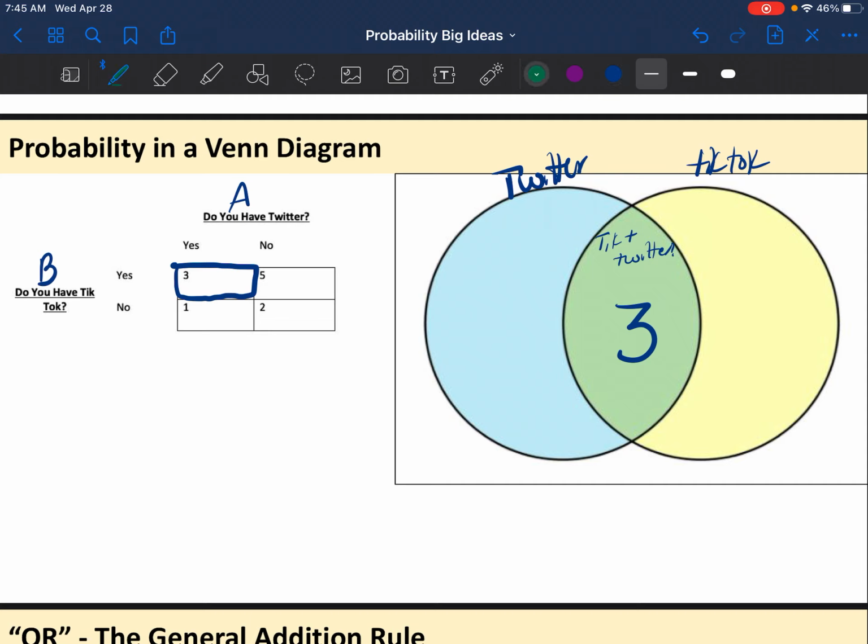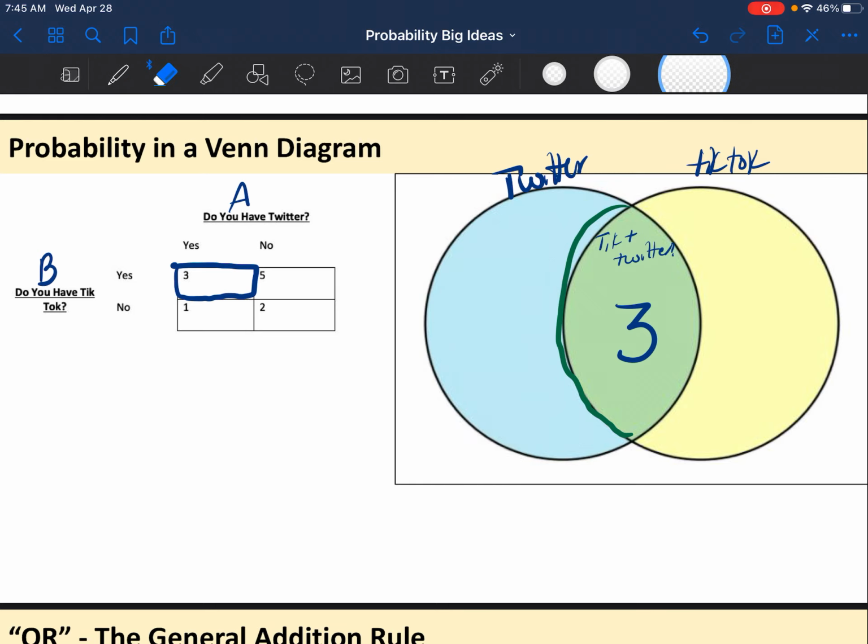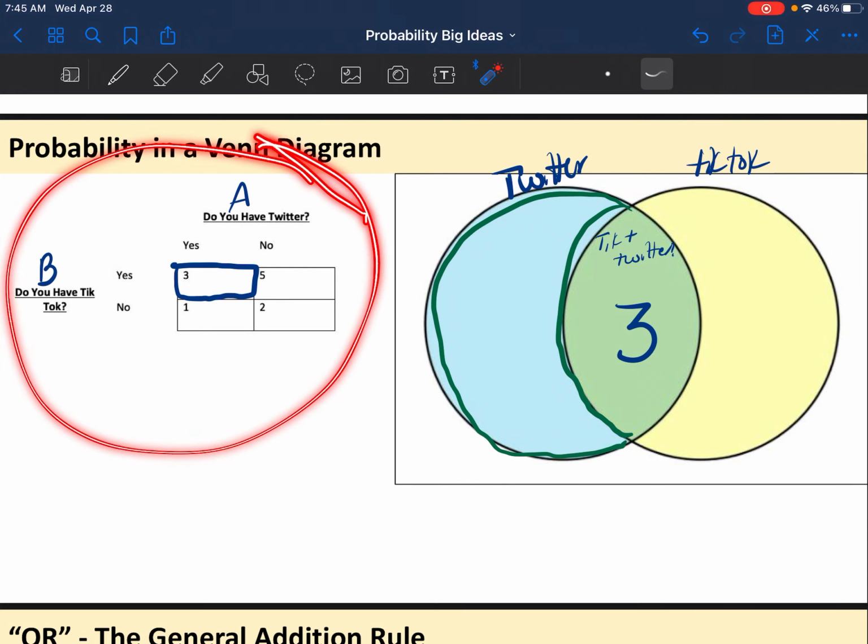So now I want to think about the people who have yes, they have Twitter, but they do not have TikTok. So if I were to fill this in, you can see that this is only in the Twitter circle. So looking at the two-way table, how many students have a Twitter but do not have TikTok?